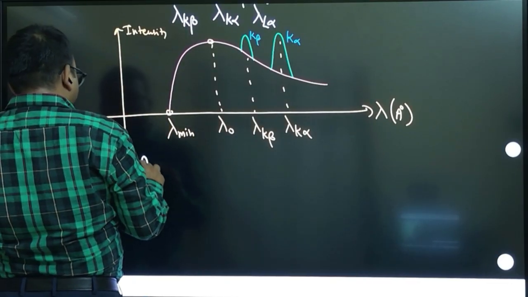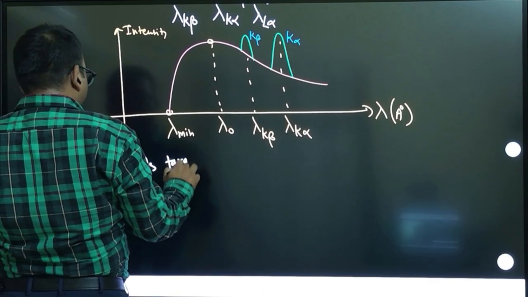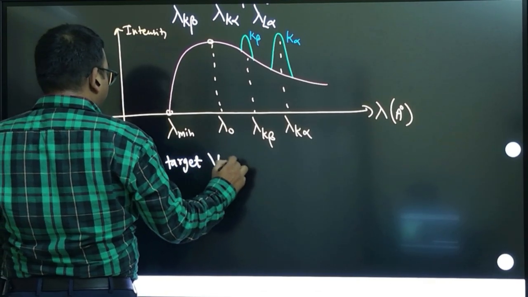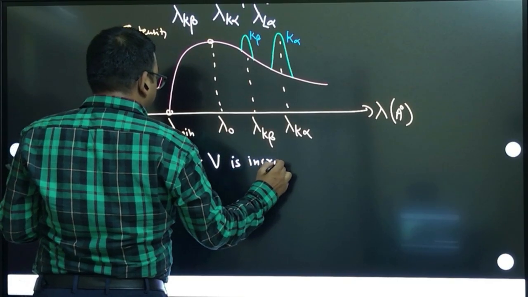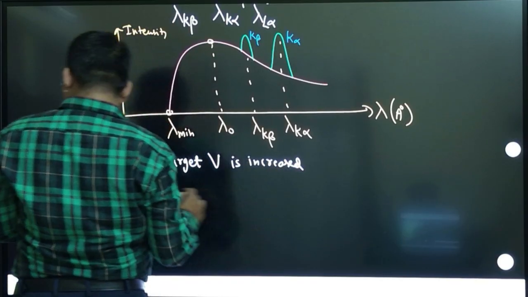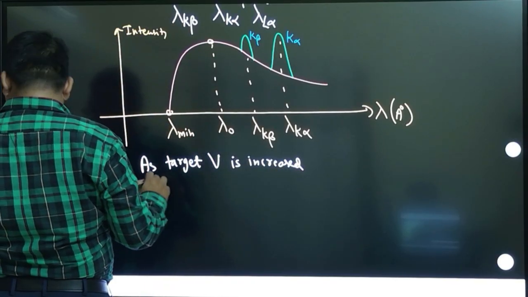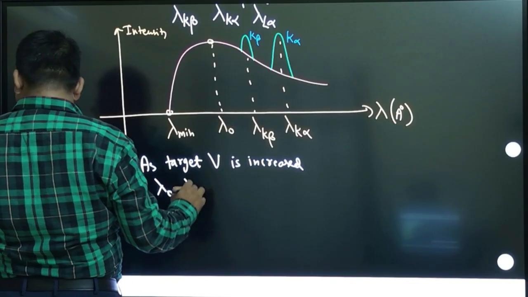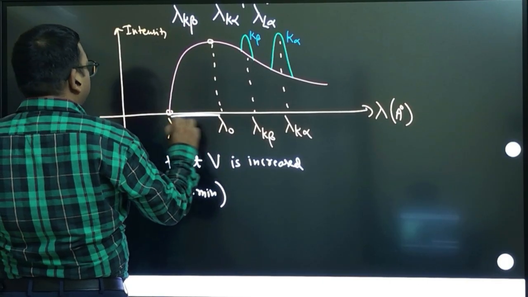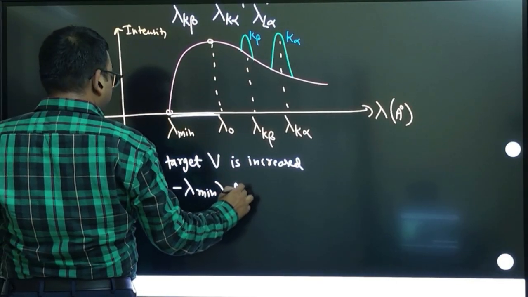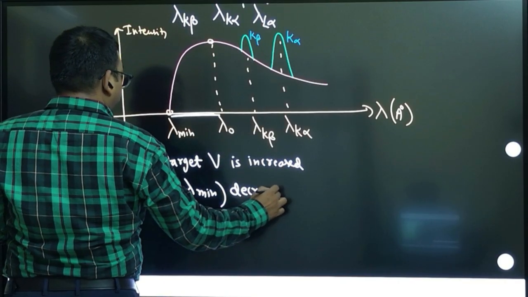As target voltage is increased, what happens we have to know. Lambda naught minus lambda minimum, this gap decreases.